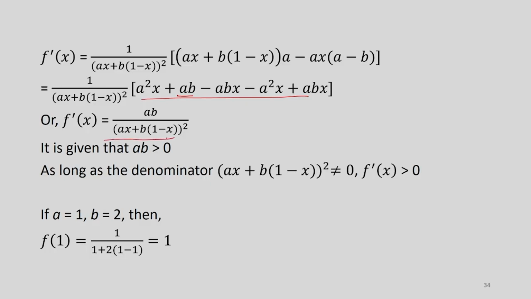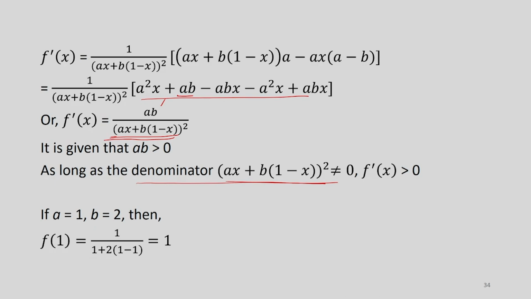Now, it is given that ab is greater than 0. Now, ab is greater than 0, that means numerator is positive. The denominator is positive always, right. As long as the denominator is not 0, it can be defined also. So, I have written that the denominator cannot afford to be 0 for f prime x to be meaningful.